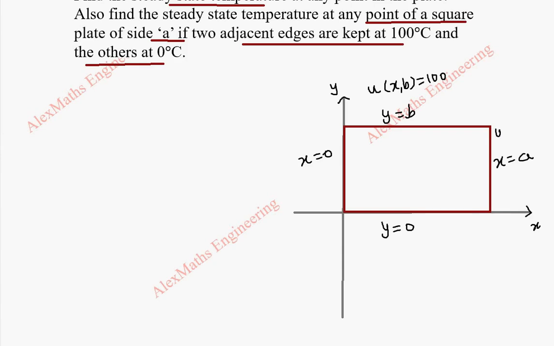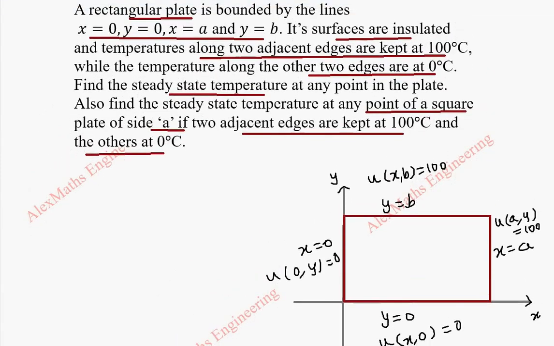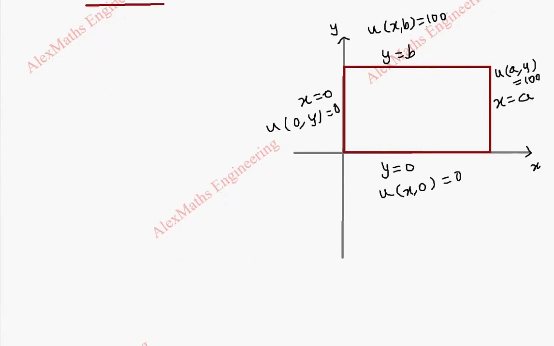Similarly, here this is u of a comma y, which we keep as 100, and the other two sides are kept at 0. So this is u of x comma 0, which is 0, and this is u of 0 comma y, which is 0. Now to solve this, we are going to split into two parts because we have two values.